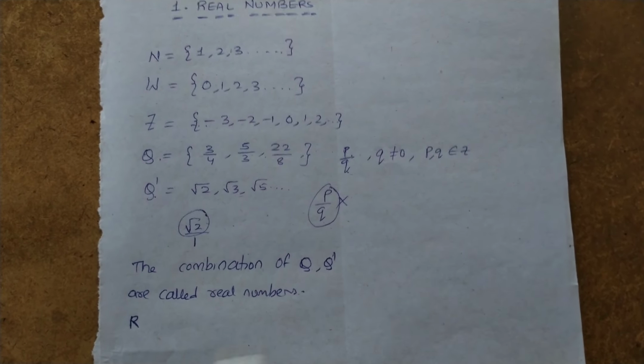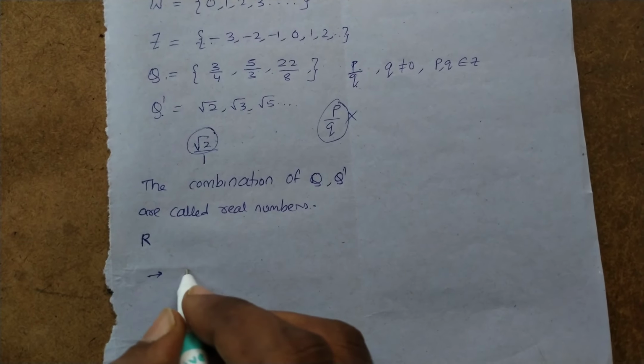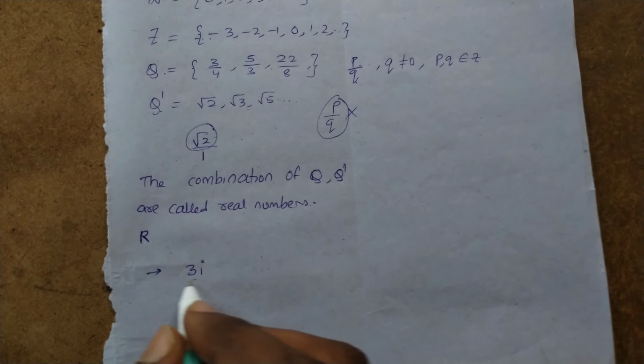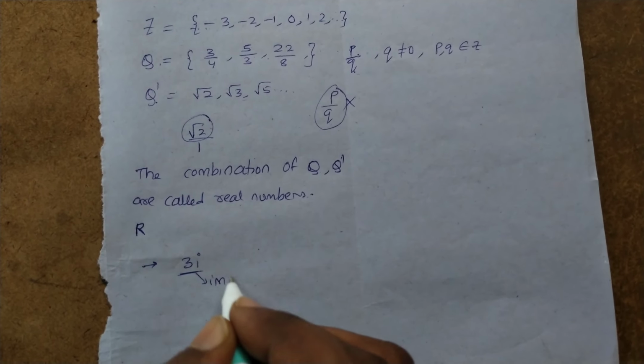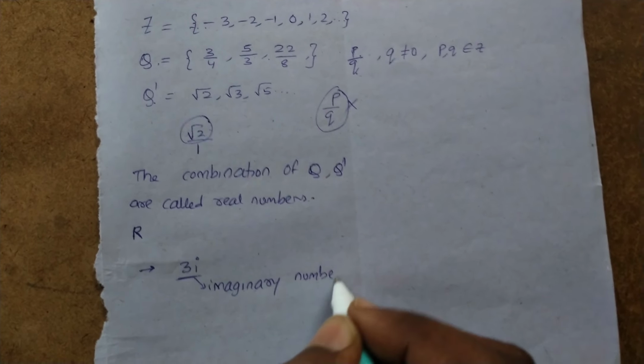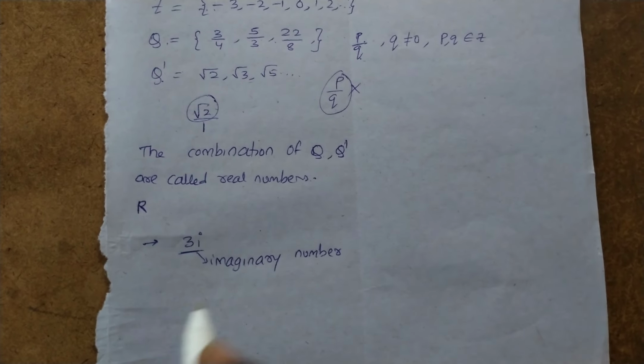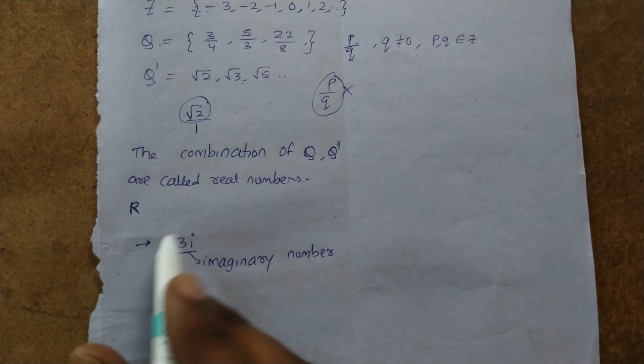And we have two other kinds of numbers. Those are called imaginary numbers, like 3i. 3i is called an imaginary number. This number won't exist in real life; we imagine this number.